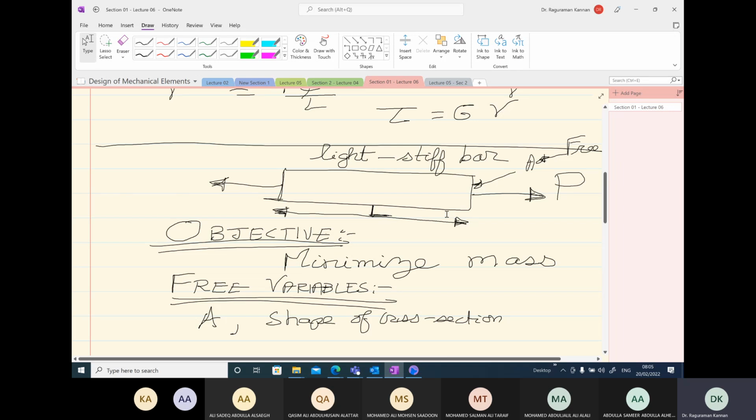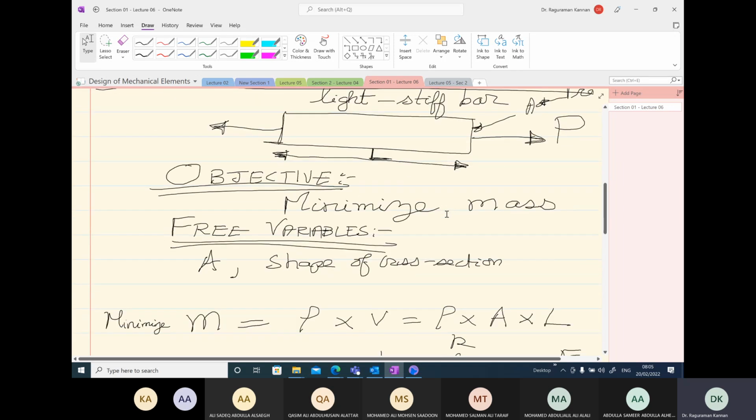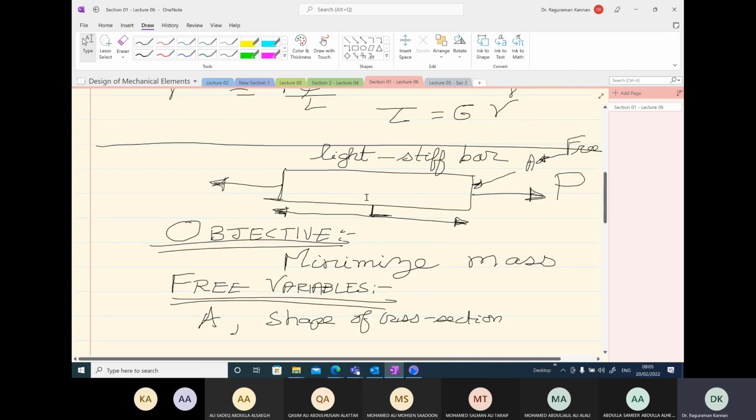And what other dimensions? I think the length is one of the fixed dimensions. So what is the objective? We wanted to minimize the mass because it is lightweight, and we want to have a stiff bar.